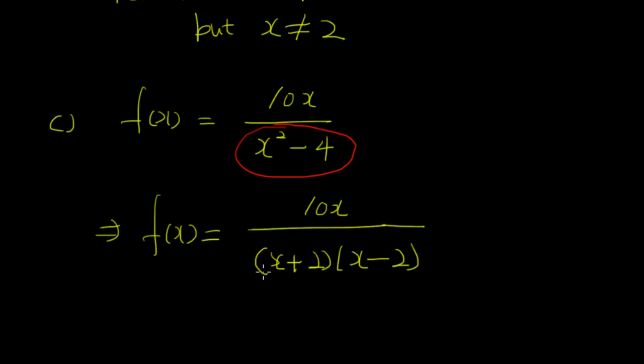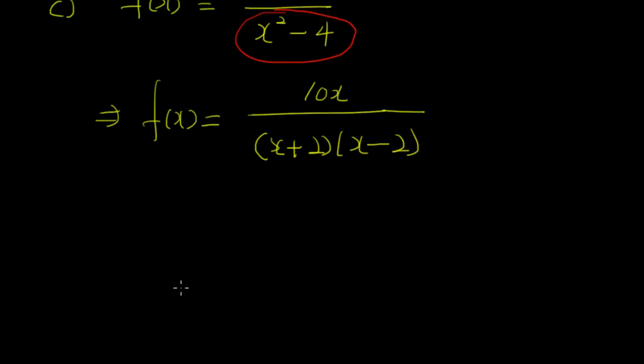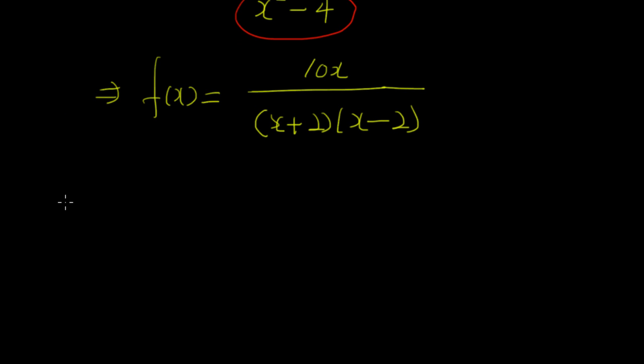If you're not sure, please go back to the factoring lecture and make sure that you understand. Once you factor it like that, you can see that there are two x values which will give you trouble. One's from here, one's from there. That value will give denominator equal to 0, and you definitely don't want that.